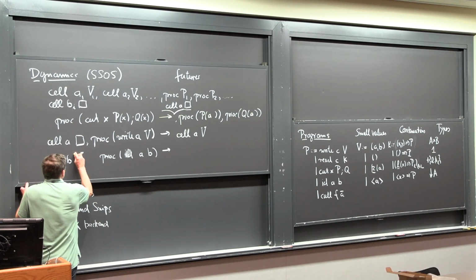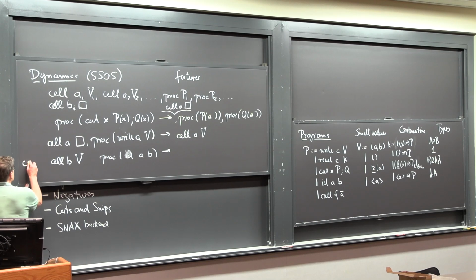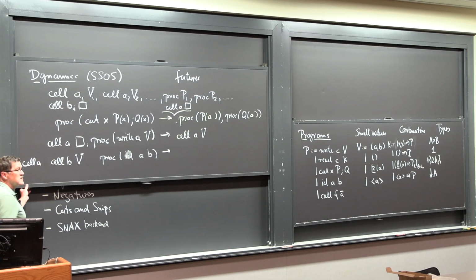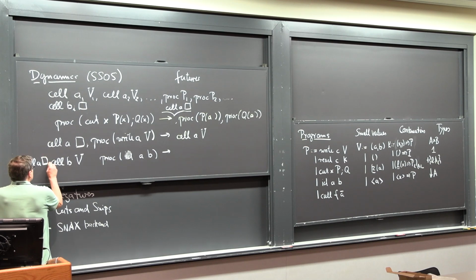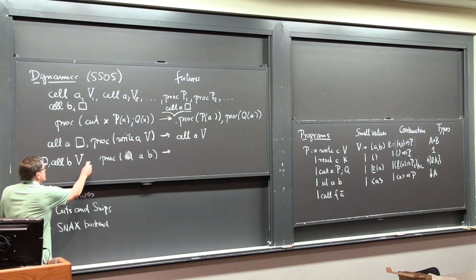Value V. And what else do I need? I need a cell A. And what does it contain? Nothing, because it hasn't been written yet. Yes? And what do I get on the right-hand side?